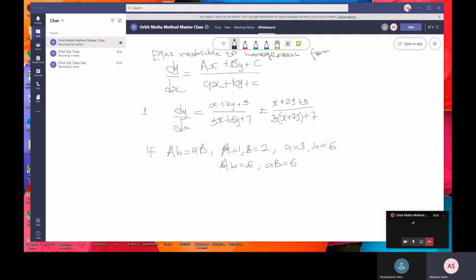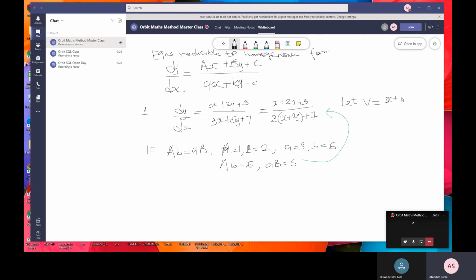Then you should be able to substitute something that will simplify this problem. Since it is the case, I was able to see something common to top and down. So what is common to both sides? I will now say let V be x plus 2y.